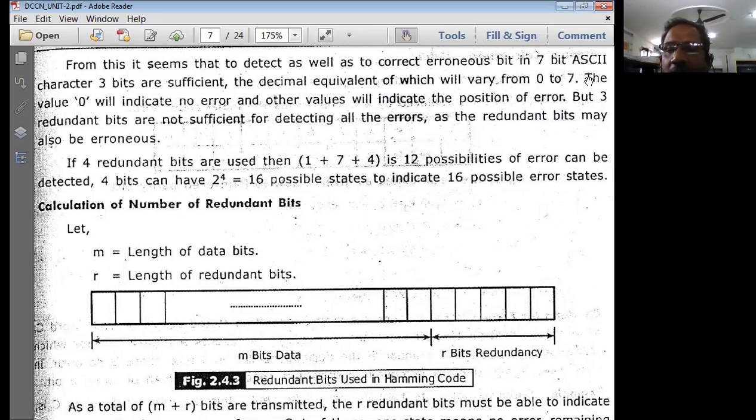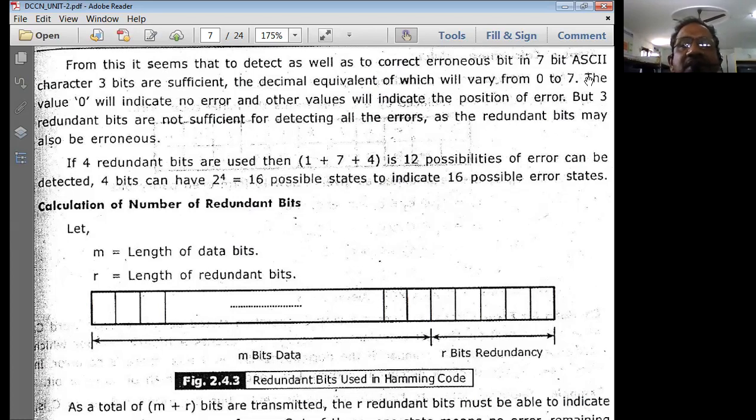Put together, there are 8 possibilities of error positions. That means 2 power 3: if you take 3 bits, 2 power 3 means 8 combinations, so we can represent all 8 combinations. If the error takes place only in the data, that is really sufficient.